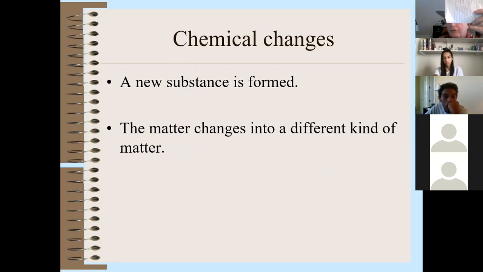Now, if I take this piece of paper and I put a match to it, have I changed the molecules of the paper? I've changed this cellulose into carbon dioxide and water.